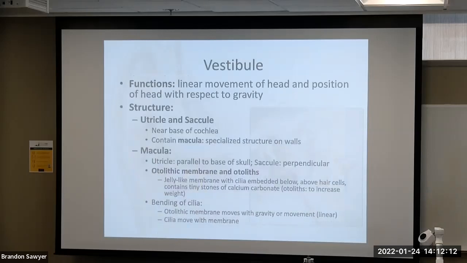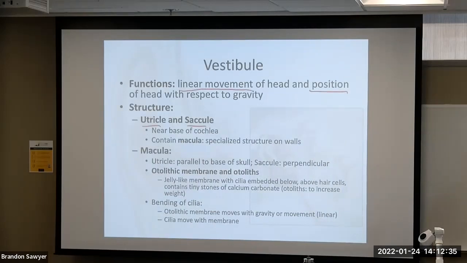All right, so let's look at the next structure, the vestibule. The vestibule again is helping us with the linear movements of the head, as well as the position of the head with respect to gravity. We have three different names here to wrap our heads around. We have these two little structures that are the same, just in different positions, called the utricle and the saccule.